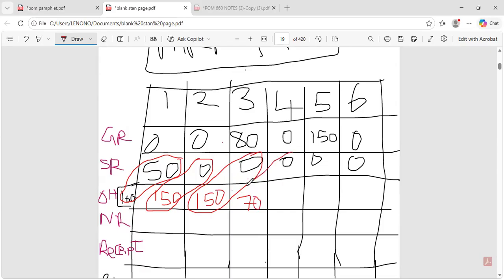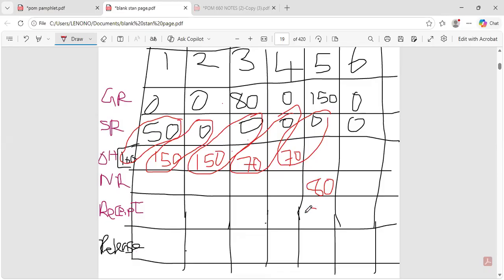Then 0 plus 70 minus that is 70. Then 70 plus 0 minus the 150, what are we getting? Negative 80. That's the net requirement, 80 here. So what happens? You order the same 8 and clear the problem. Then 0 plus 0 minus that one is 0.